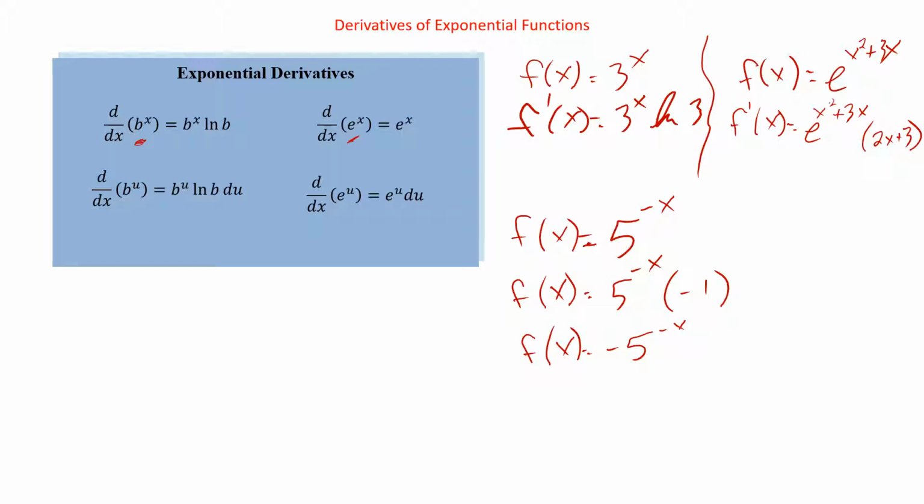And so that's exponential functions. Natural log 5, natural log 5, natural log 5. I just illustrated what I was about to say, where the most common mistake is to forget the natural log. It's going to be the exact same thing as it was, times the natural log of the base, and then times the derivative of the exponent if that also has to happen. So those are exponential functions.